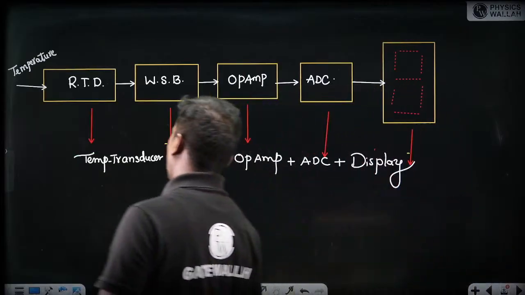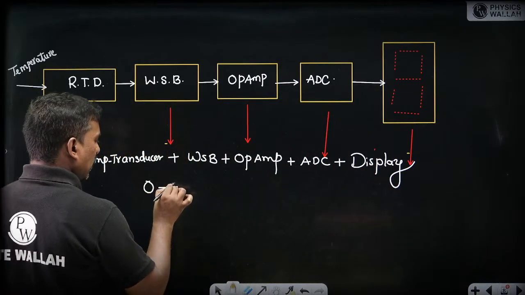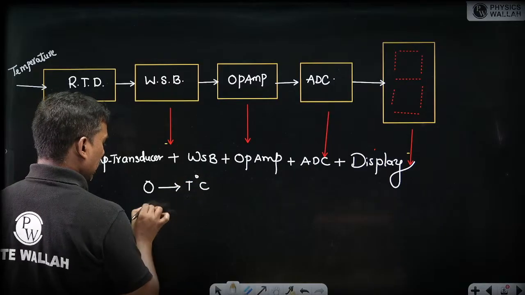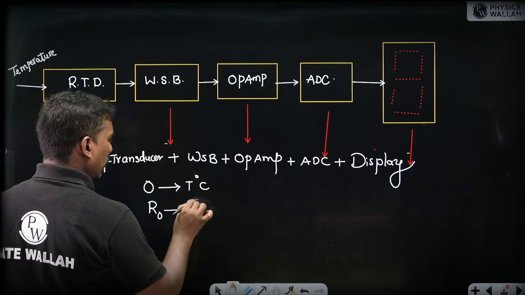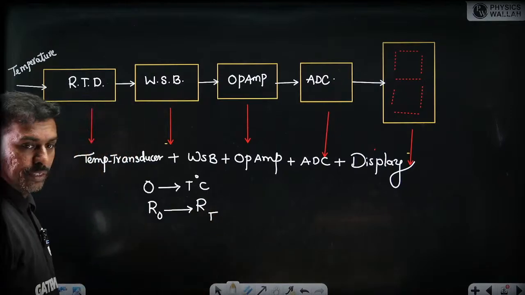Here, when the temperature is changing from 0 to T degrees Celsius, the resistance is changing from R0 to RT.